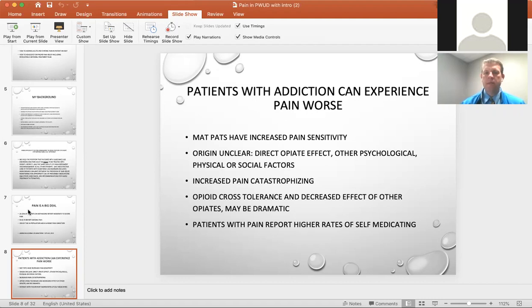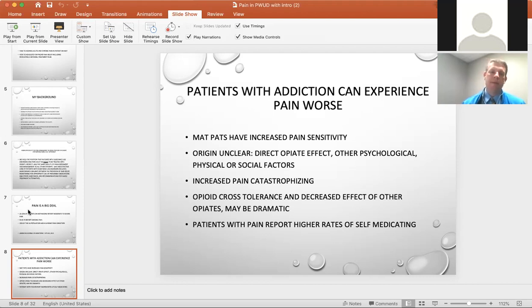As this slide is trying to point out, it is a complicated issue. Some of it is maybe the psychology of addiction, but clearly some of it is the physiology of addiction, what it does to the normal pain pathways, and then how patients experience that.